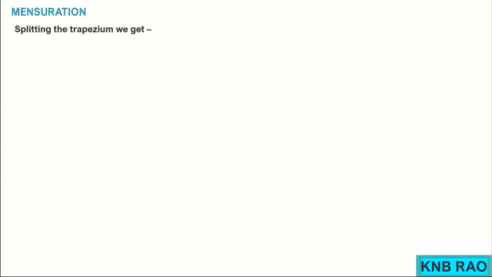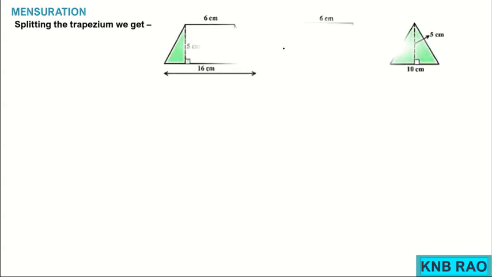Splitting the trapezium we get like this. So we got 6 into 5 plus half, this portion together gives you a triangle.